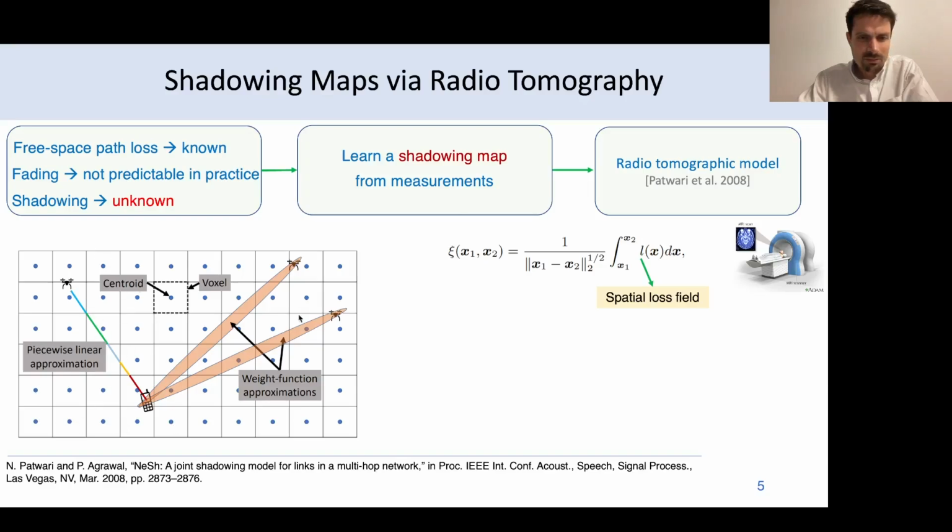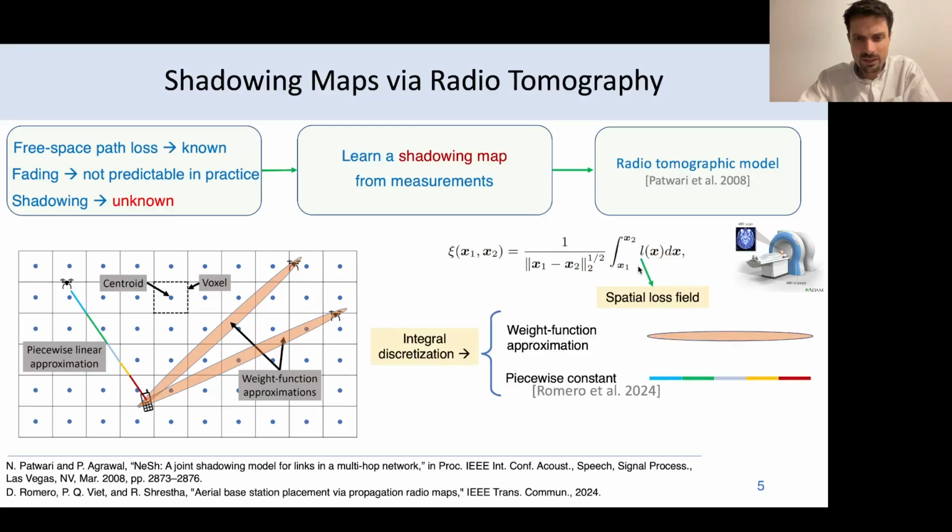In the case of aerial communications, we can make a 3D grid, but in the figure, this is a 2D grid. So then, with this discretization, how can we approximate this line integral?